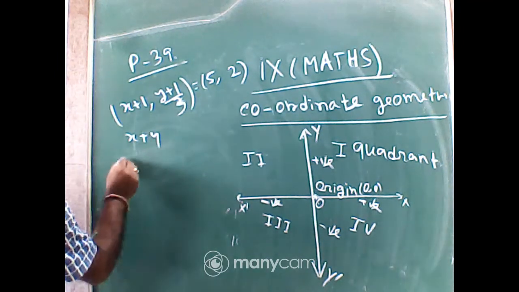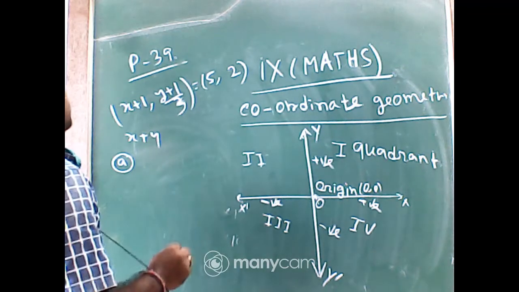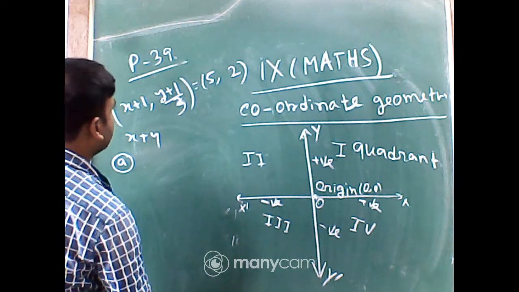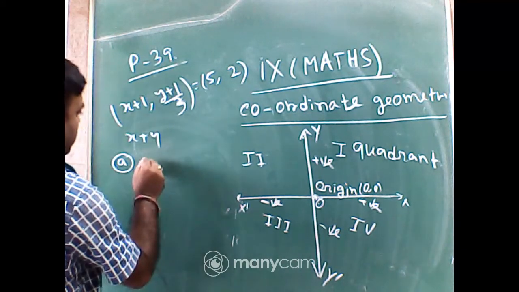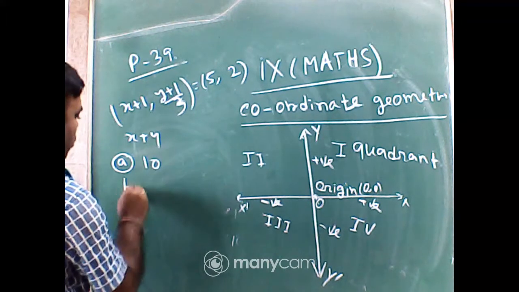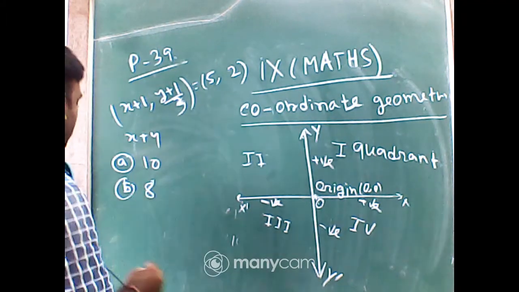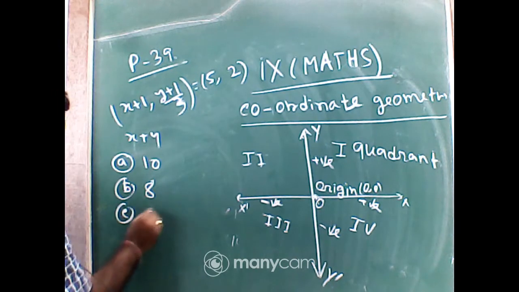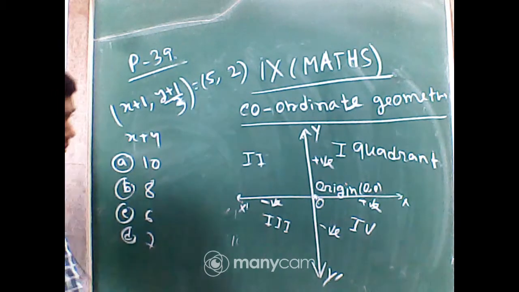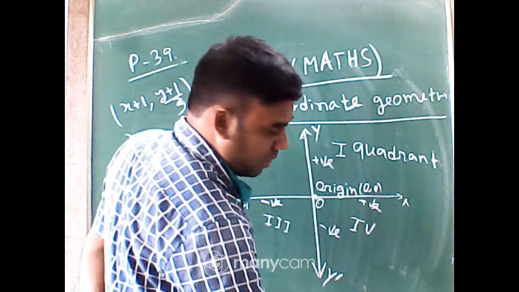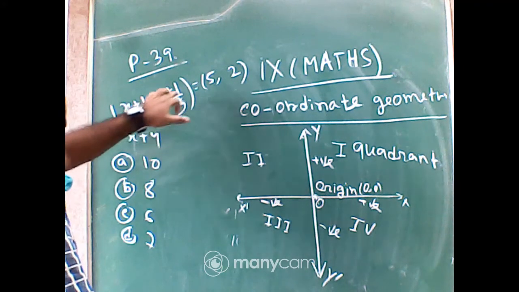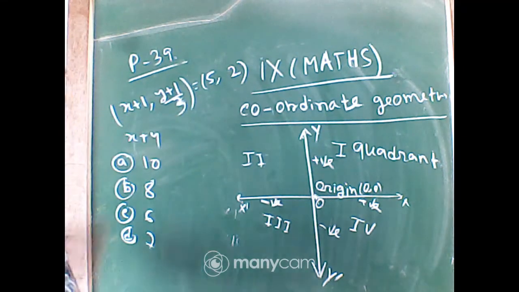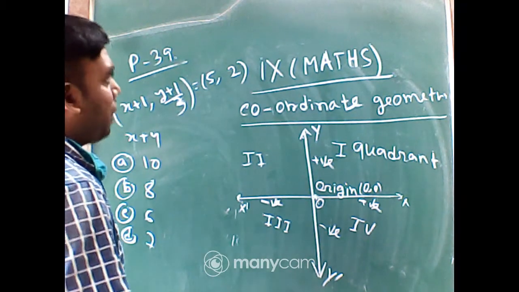Option A 10, option B 8, option C 6, option D 7. Which option is the right option? Tell me quickly, within 1 minute you have to solve.